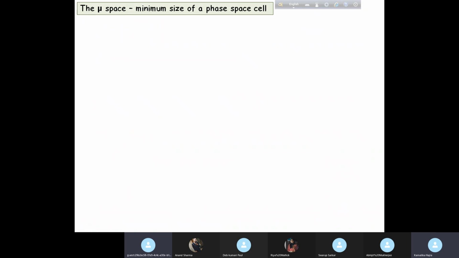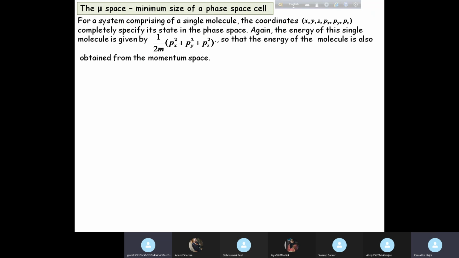All right, next is the mu space. The next is the mu space. We want to know what is the minimum size of a phase space cell. Okay. So for a system comprising of a single molecule, the coordinates x, y, z and px, py, pz will completely specify the position of the particle in the phase space.